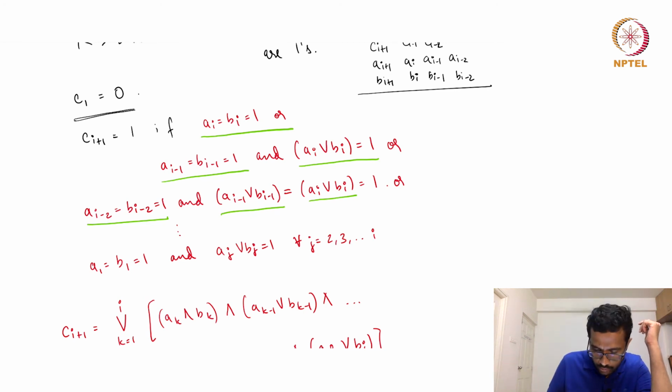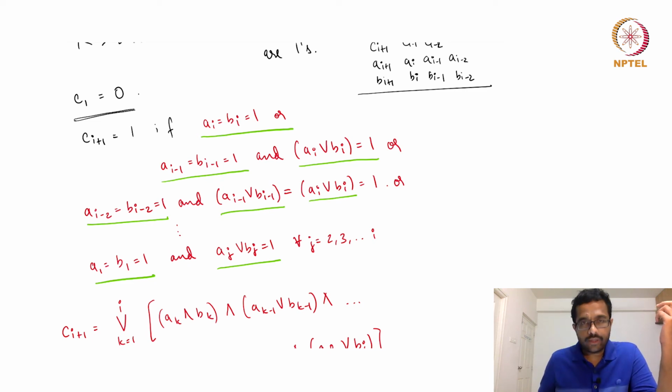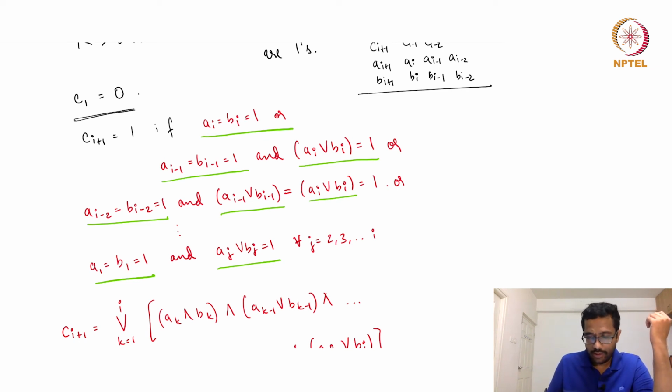So a1 is 1 and b1 is 1, and then for a2 and b2 at least one of them is a 1, a3 and b3 at least one of them is a 1, and so on till ai and bi, right? For all j equal to 2, 3, up to i, at least one of aj and bj is 1. So this is how the carries can occur. This is the only situation.